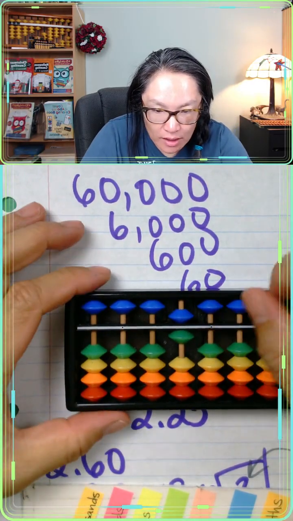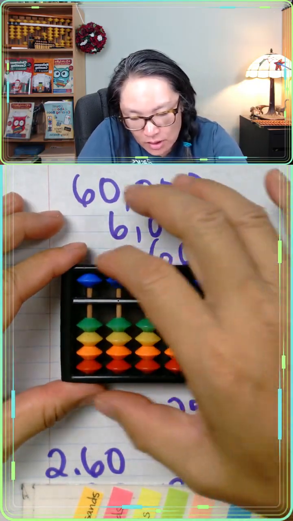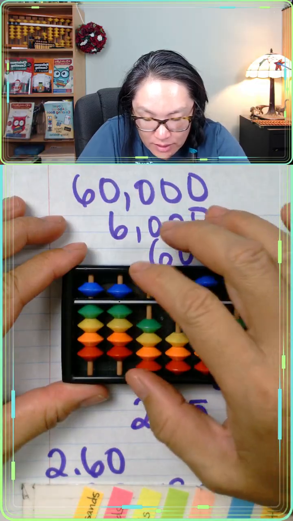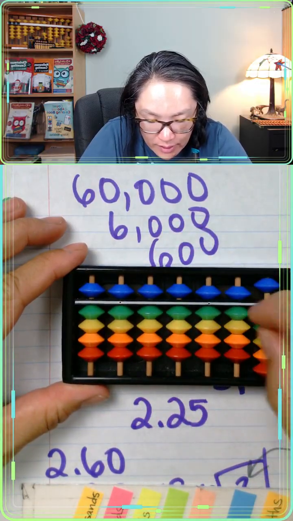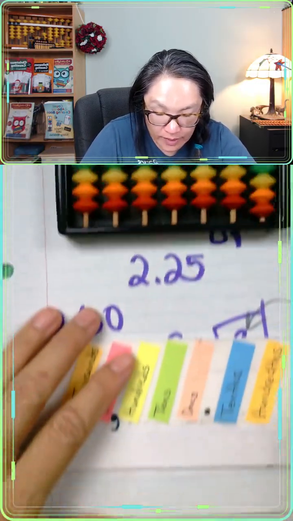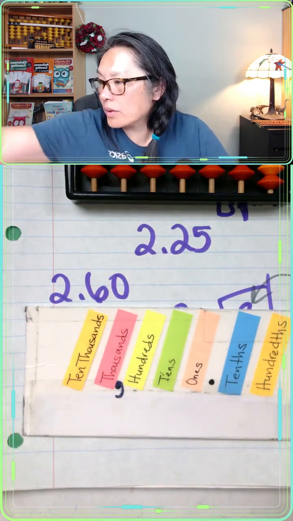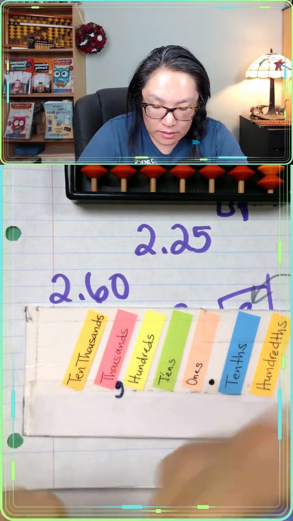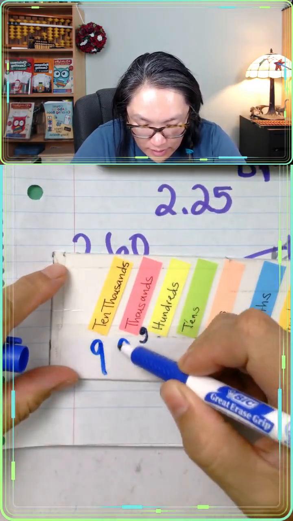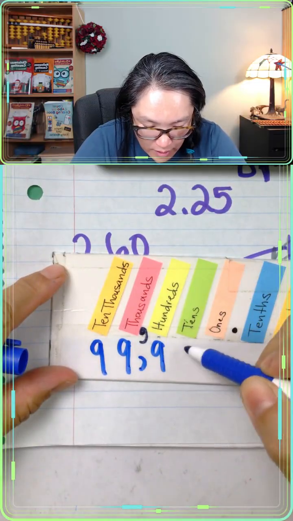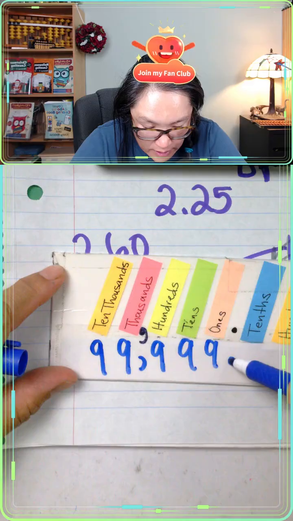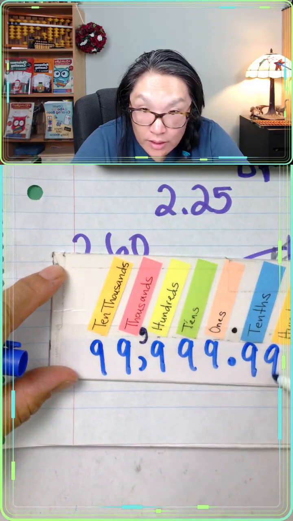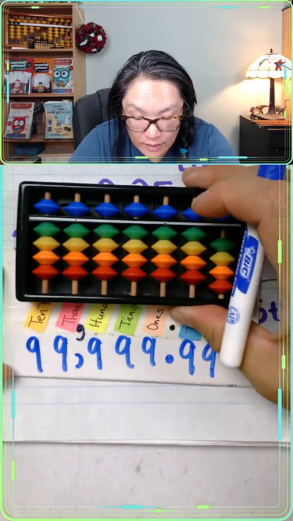The highest number is at the 10,000. So it would be 99,999.99. That's what that would be. So it would look like this. 99,999.99. That's what that is.